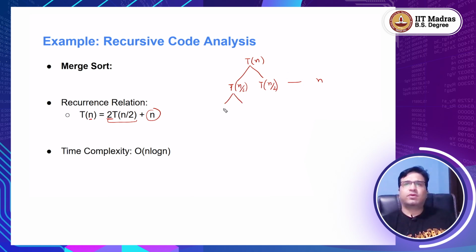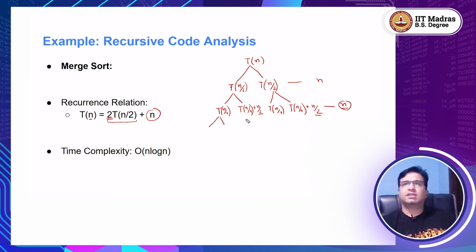Next step, it will further divide, so T(n/4), T(n/4), and here plus n by 2 for merging, and same for this, T(n/4) and T(n/4), and plus n by 2. So overall time on this level, n by 2 plus n by 2, will become n actually.